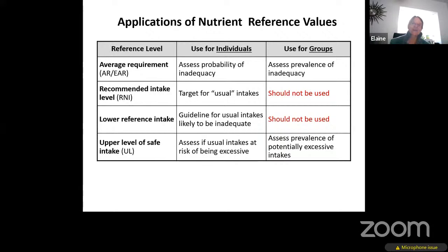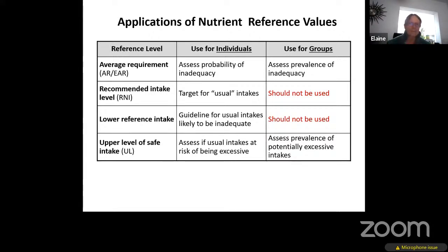Okay, great. So now we're going to look at how these are applied. And you've got that main point that they exist. There's lots of uncertainty, but they're the best that we have to work with, and it's our best estimates. So looking at the different levels that we've been talking about, the average requirement, that could be an EAR or an AR, it's the same thing.